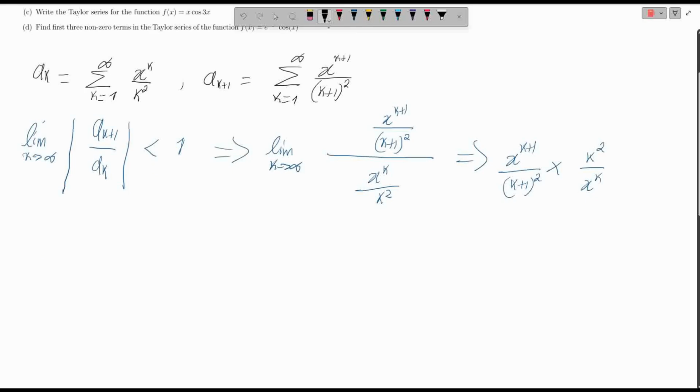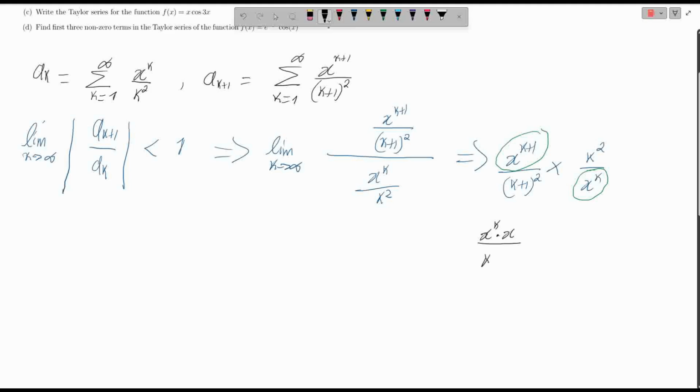We notice that we can simplify our x raised to the power k plus 1 to have x raised to the power k, so that we can easily cancel out. So x raised to the power k plus 1 can be written as x raised to the power k multiplied by x. I'll explain this in our previous video.